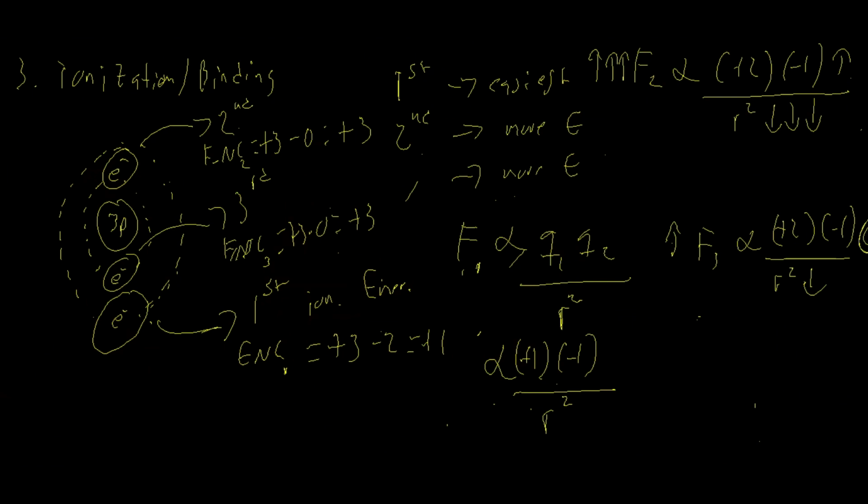Now, where else are you going to see this kind of information? You're going to be given something called a PES graph. PES stands for photoelectron spectra. So what is the photoelectron spectra graph, and what does it look like? You are going to have a graph as such.